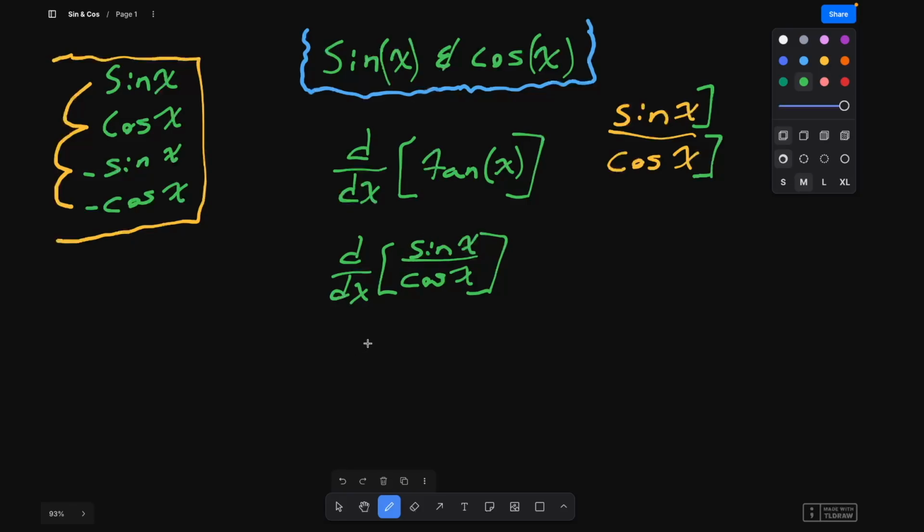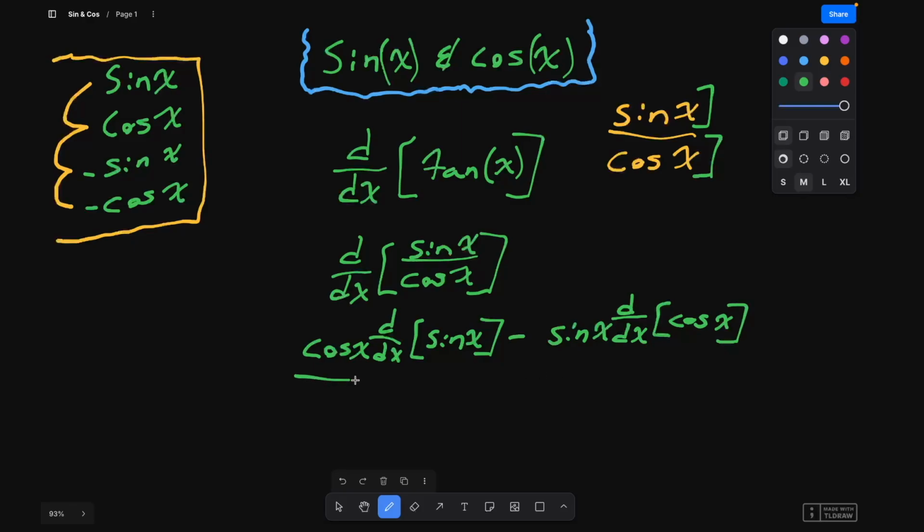So if we take this derivative by following the formula for the quotient rule, we have low, cosine x, d high, derivative of the high, the numerator, sine x, minus high, sine x, d low, derivative of the denominator, cosine x, all over the square of the bottom, cosine x.